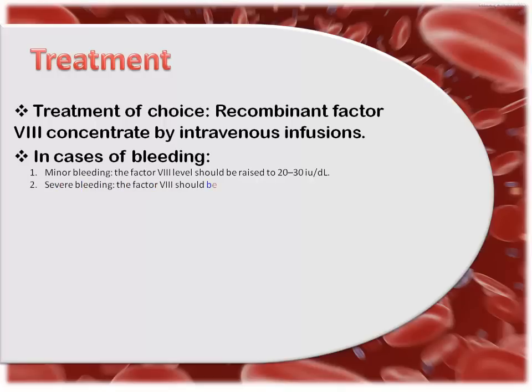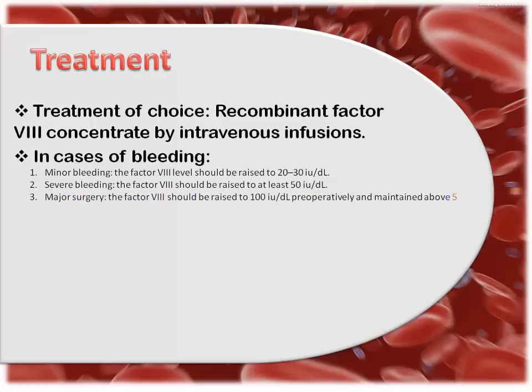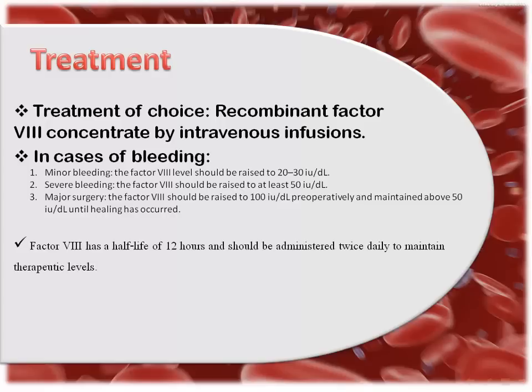In cases of severe bleeding, the factor VIII should be raised to at least 50 international units per deciliter, and in major surgery the factor VIII should be raised to 100 international units per deciliter preoperatively and maintained above 50 international units per deciliter throughout the whole surgery and until healing has occurred. Factor VIII has a half-life of 12 hours, and therefore it should be administered twice daily to maintain these therapeutic levels that we talked about.